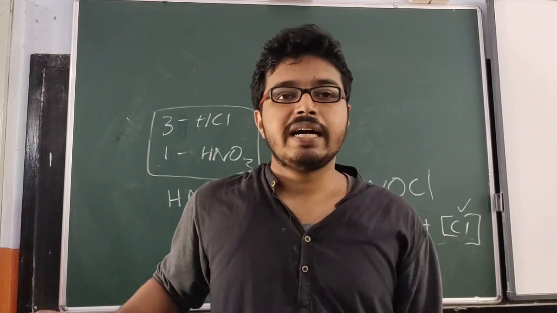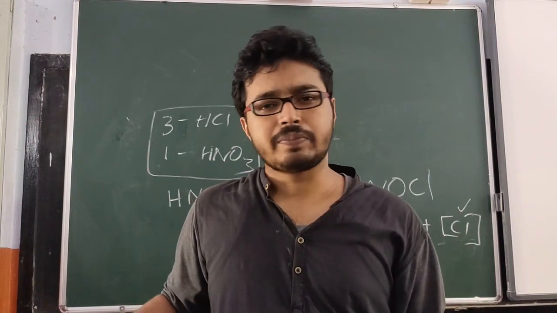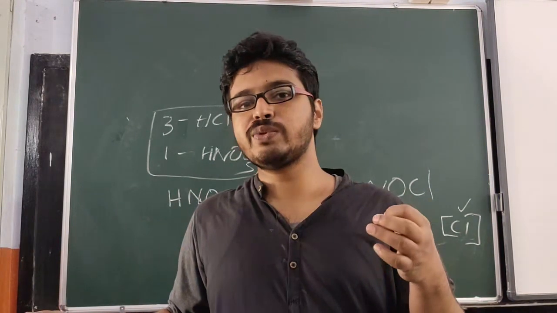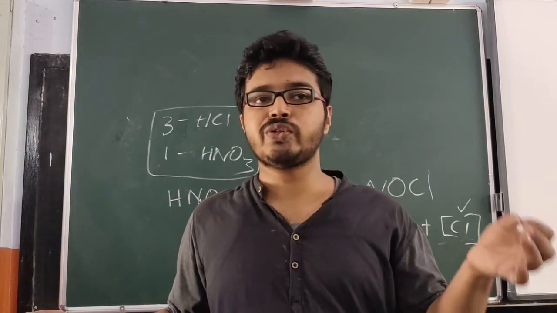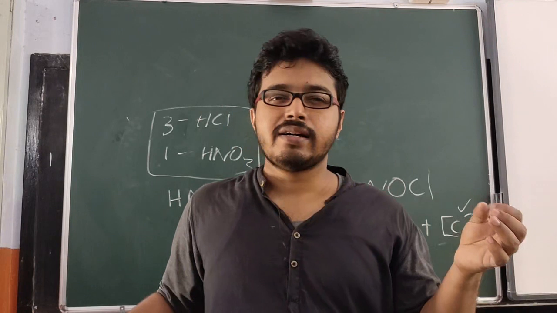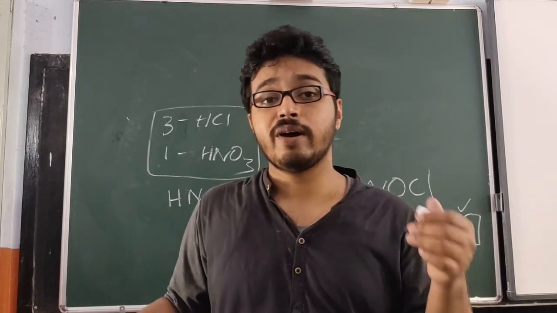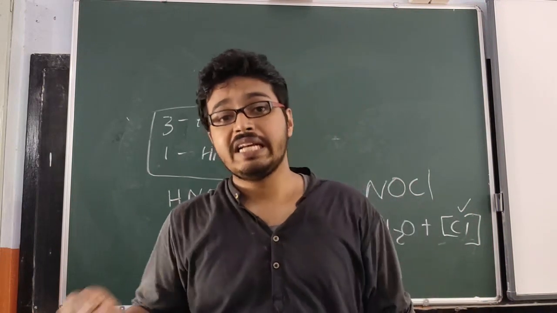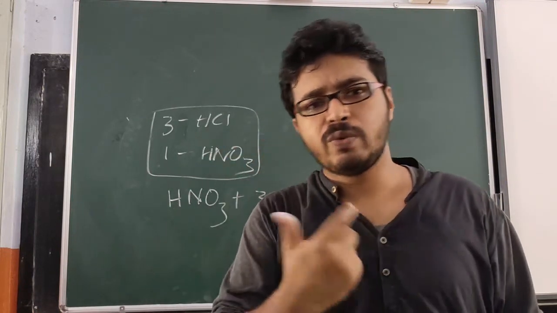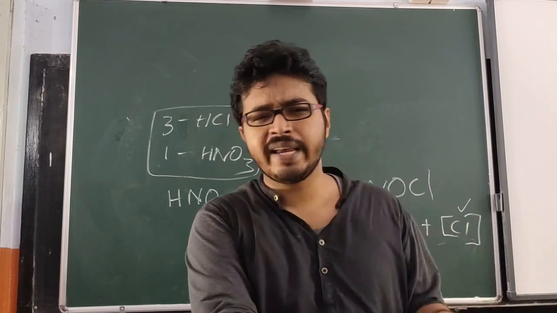Aqua regia is used to dissolve, or in other words, it is used for the formation of compounds of certain noble metals. So what are noble metals? There are three main noble metals.